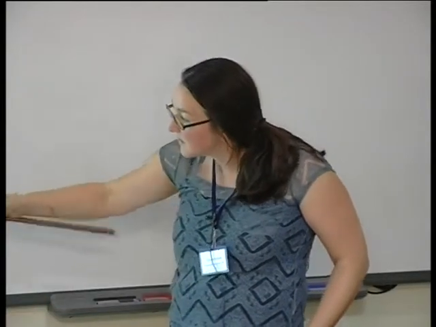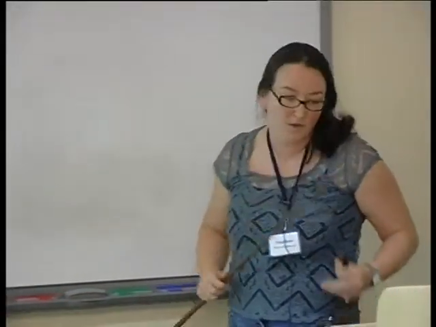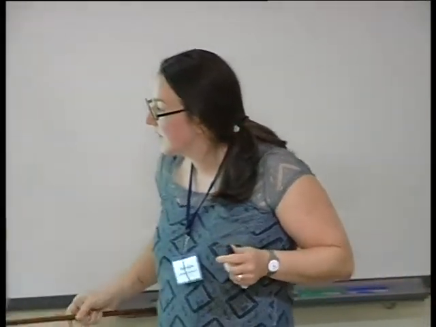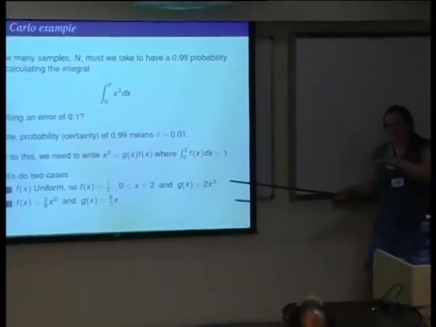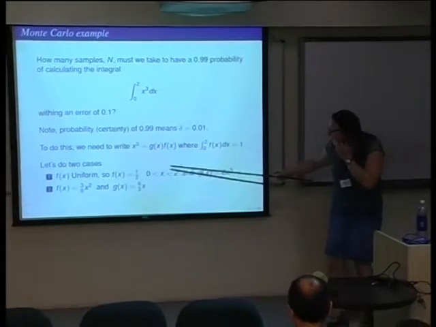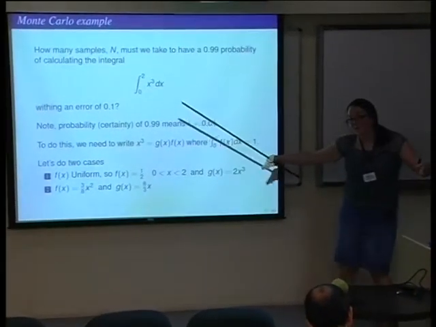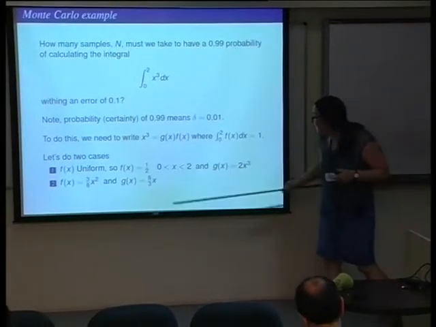And now we need to rewrite x cubed as a product of two functions, and we need the second choice here to integrate to 1 from 0 to 2. So let's think about two cases. We can say f is uniform, and we saw last time a uniform distribution is constant over the domain. It has to integrate to 1, so if the domain is length 2, it has to be a half tall.